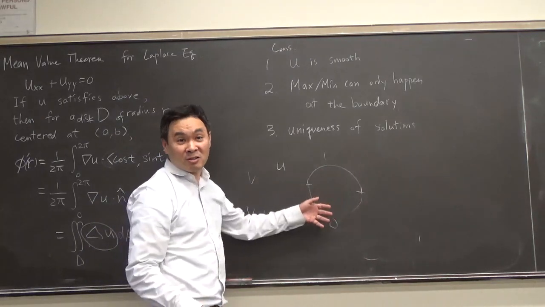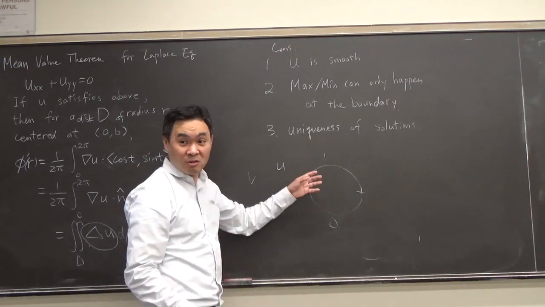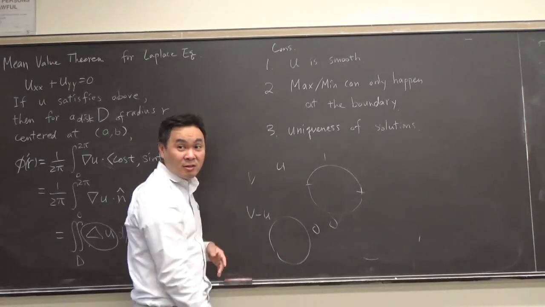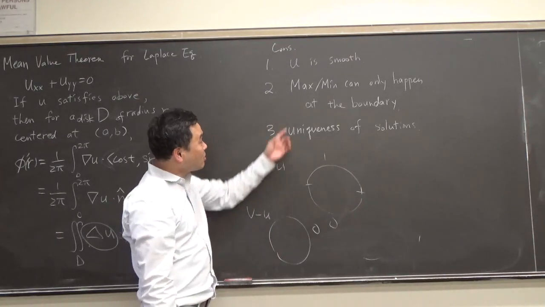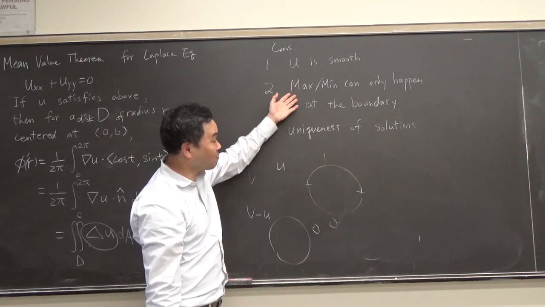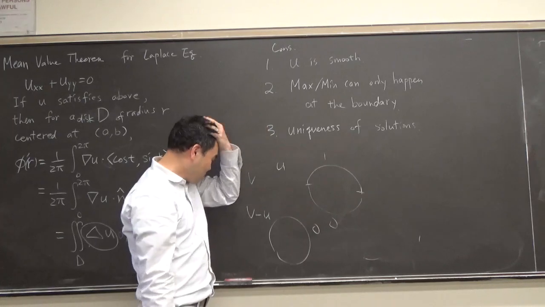The same value at the endpoint, so if you subtract, you will have the boundary condition to be 0 everywhere, right? But then, because of the maximum modulus principle, max-min property.